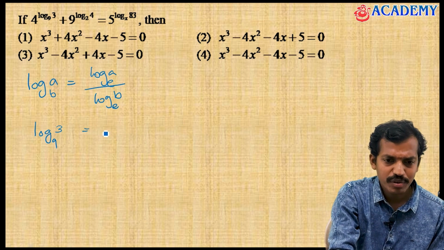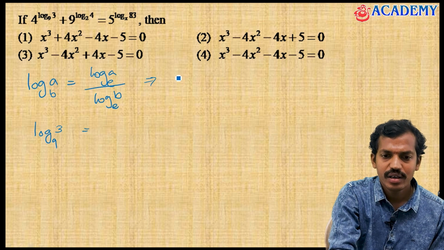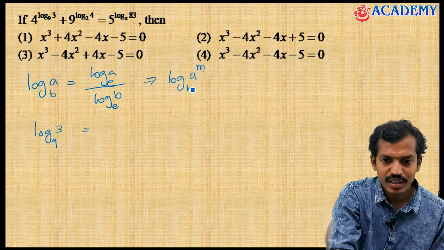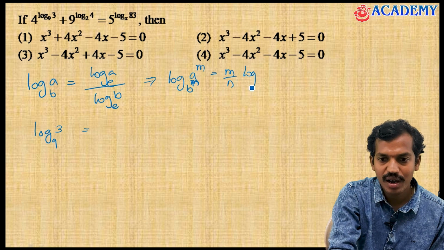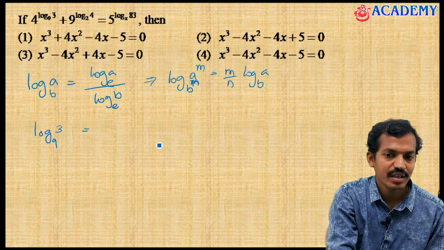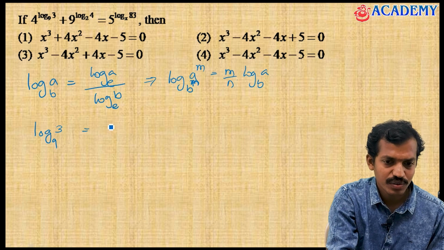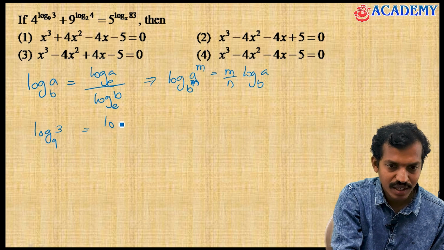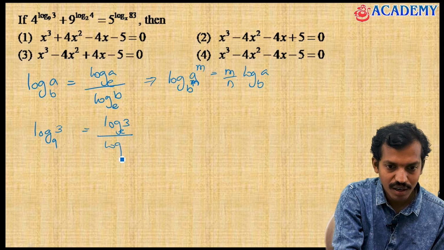I can write one more formula also. If you are writing like this, log a power m, b power n is there, simply m by n into log a base b we can write. Based upon this conversion only, if you see, I am converting here log 3 base e divided by log 9, that is 3 square base e.